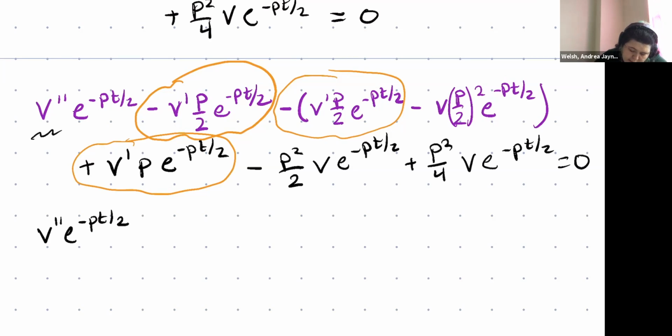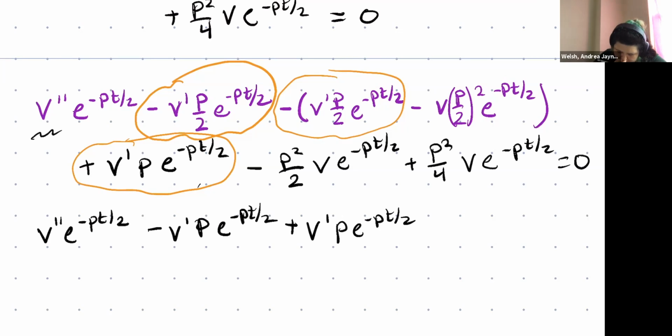So let me combine those first. So I get minus v prime p, the 1/2s cancel with each other because they add up to 1. Right, so e to the minus pt over 2, and then we get a plus from that third term, v prime p e to the minus pt over 2. And that's pretty nice because that means that those terms are just going to cancel.